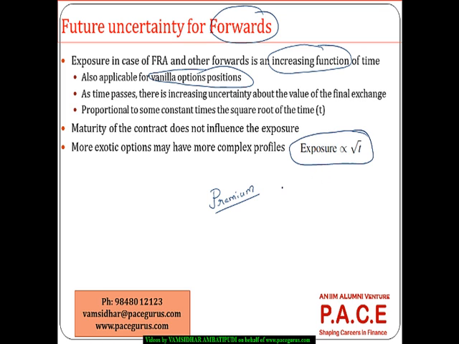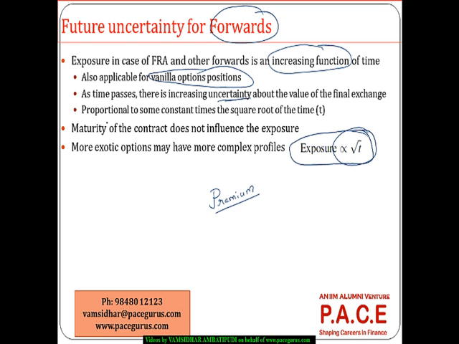So that's the reason I am looking at the exposure being the same, which is proportional to the square root of the time period in case of forwards as well as plain vanilla options. So as time passes, the uncertainty keeps increasing, right? Because it's proportional only to the square root of t.